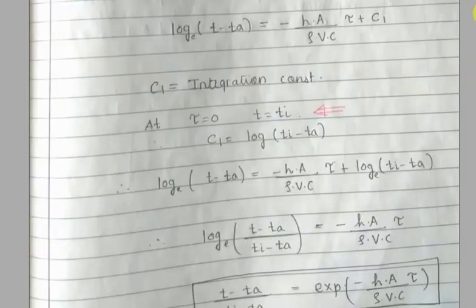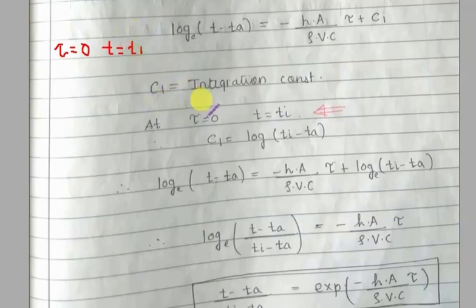Initially, at time tau equal to 0, what is the temperature of the body? The temperature of the body is nothing but Ti, the initial temperature.